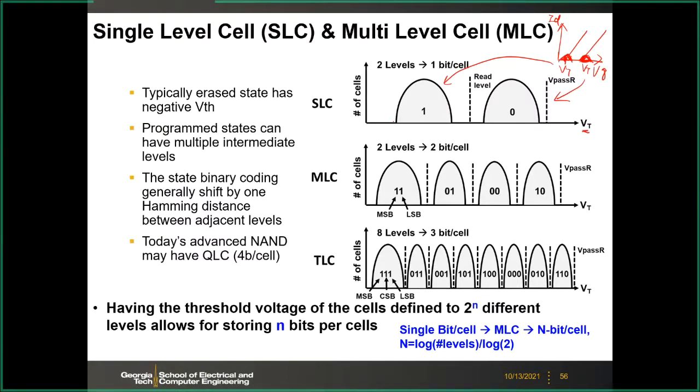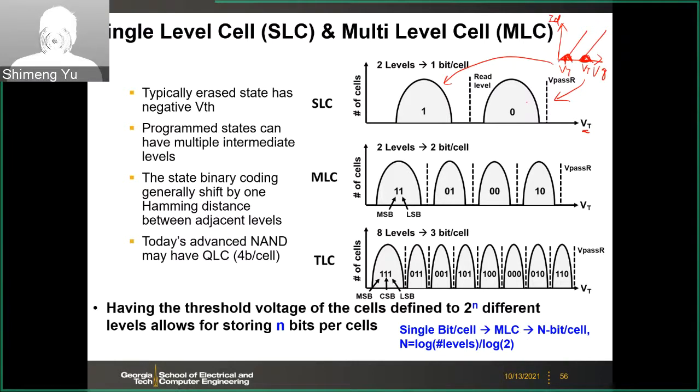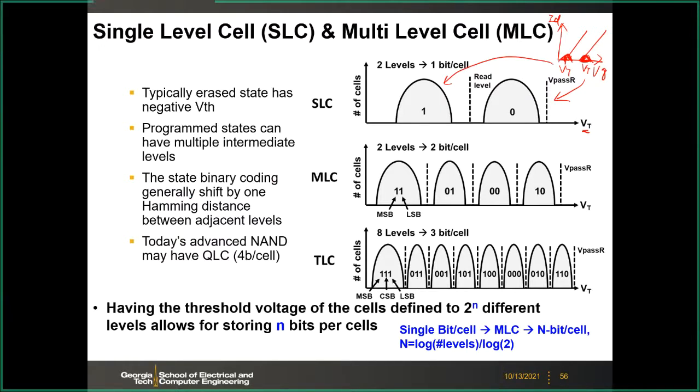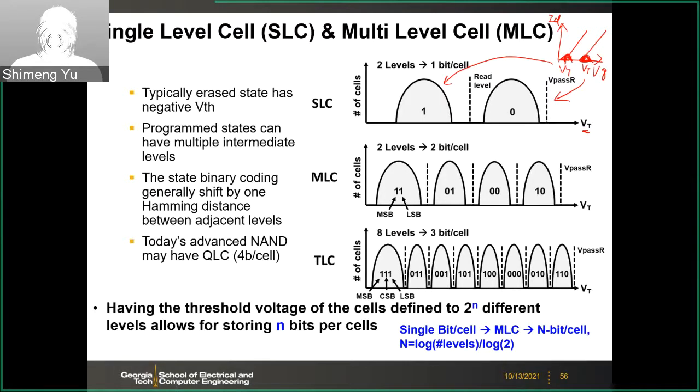The single level cell only has two states, and then you can encode 0 and 1 like this. But you can insert more VT states. That means in the IDVG curve, if somehow you can manage to have this kind of IDVG, you have different VTH states.